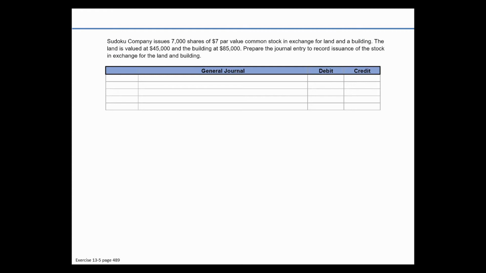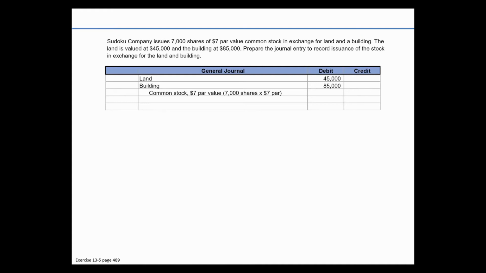So we'll prepare the journal entry to record the issuance of the stock in exchange for the land and the building. And so we would debit land in the amount of $45,000. We would debit building in the amount of $85,000, because again, it's based on the values of those two. Okay. Then we would credit common stock, $7 par value.